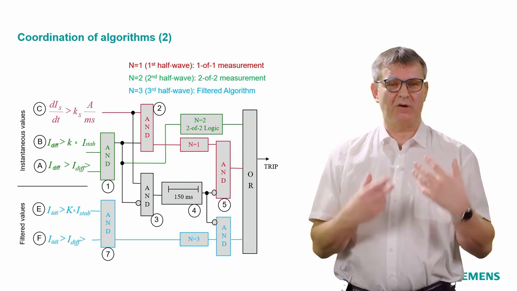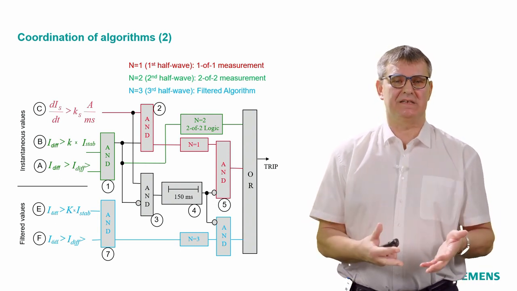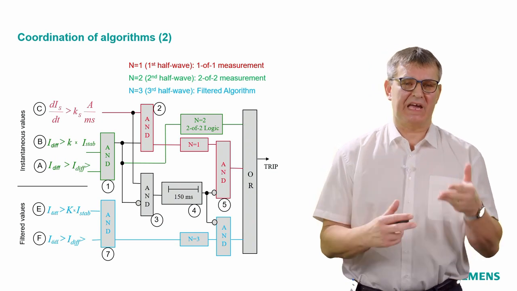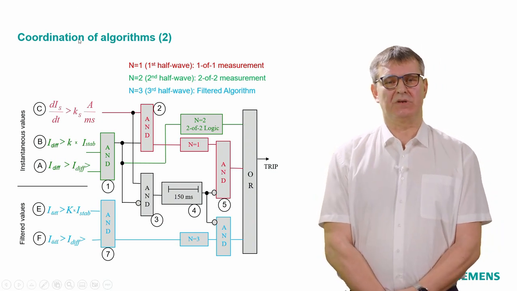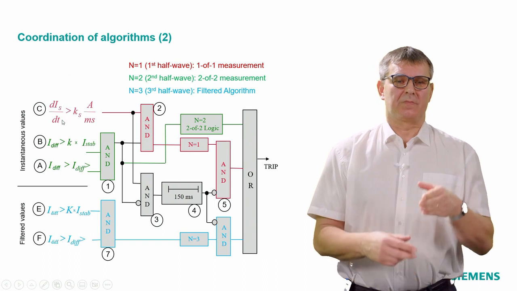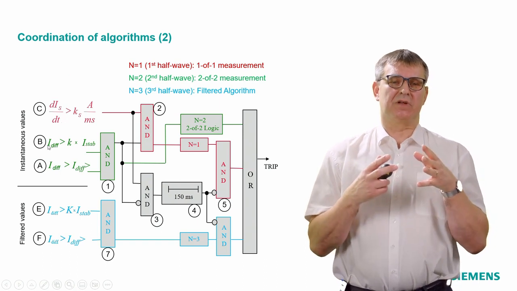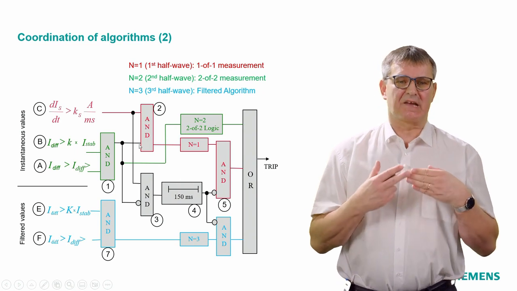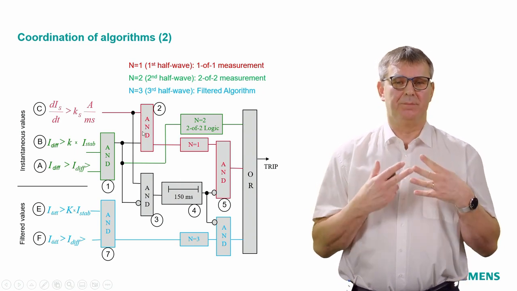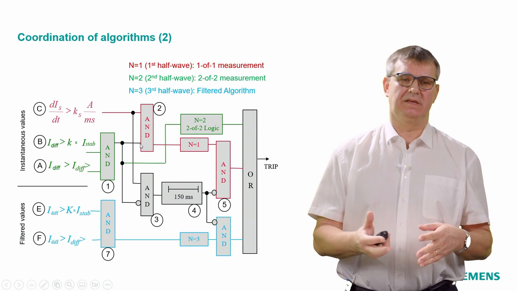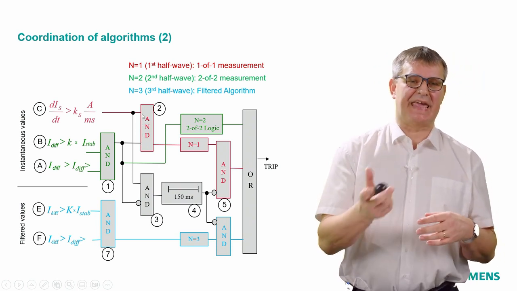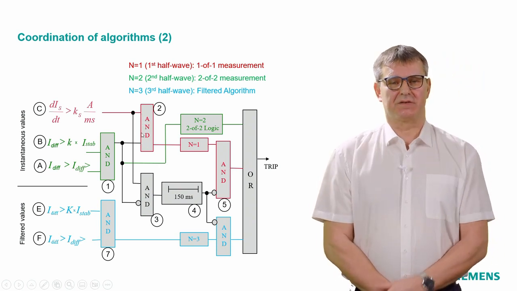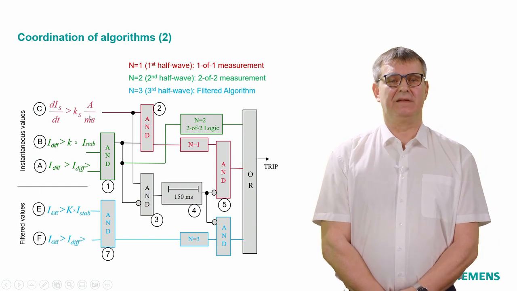But let's have at the very same millisecond, if we have a jump of the stabilization current, and at the very same moment, are we in the tripping area or not? Is criteria A and B fulfilled? Here, this AND gate, which is where this criteria A and B comes in.